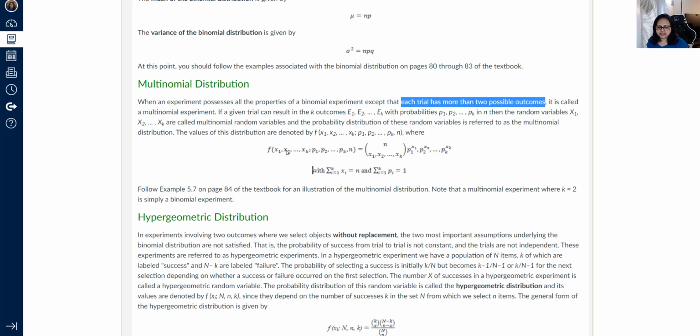The functional form is similar to the binomial distribution, only we have more than 2 outcomes. So the probabilities and the random number of trials, all of them we generalize. The number of trials is the same, but the outcomes we generalize up to k, and the probabilities are changing.